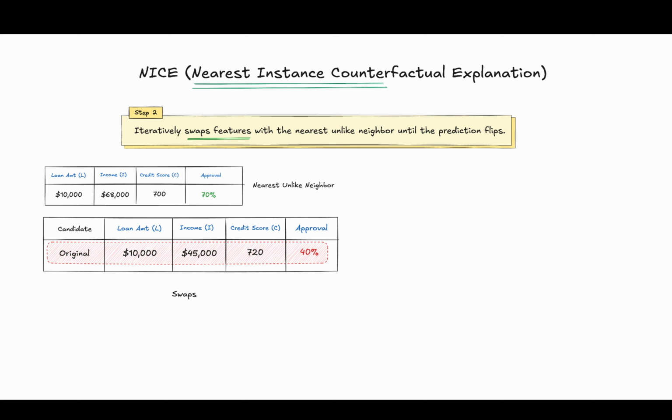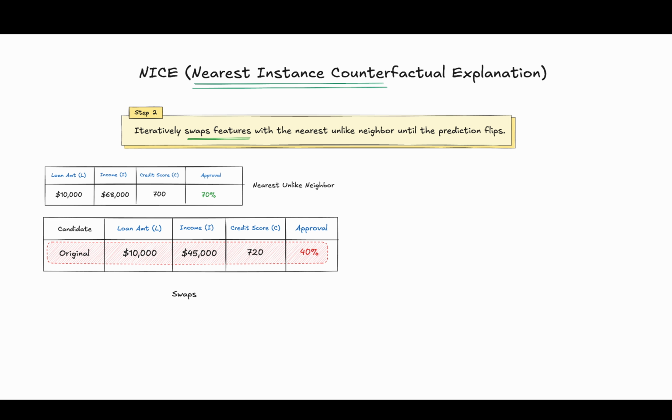The original instance has a loan of 10,000, income of 65, and credit score of 720. And the neighbor has income of 68,000 and credit score of 700. So what happens next? NICE swaps one feature at a time to build this swaps table.